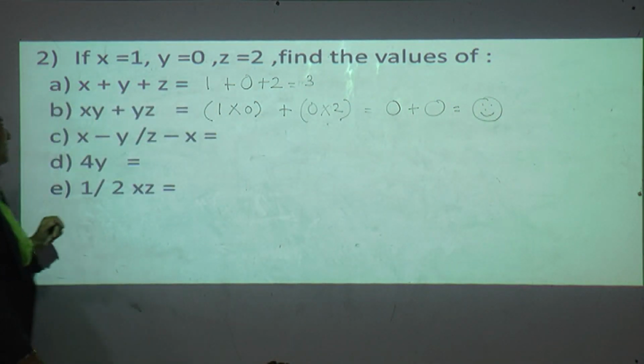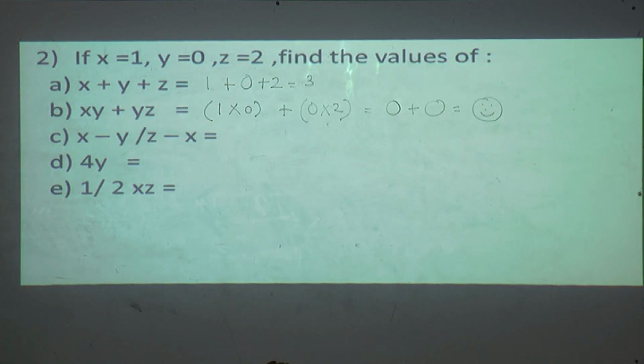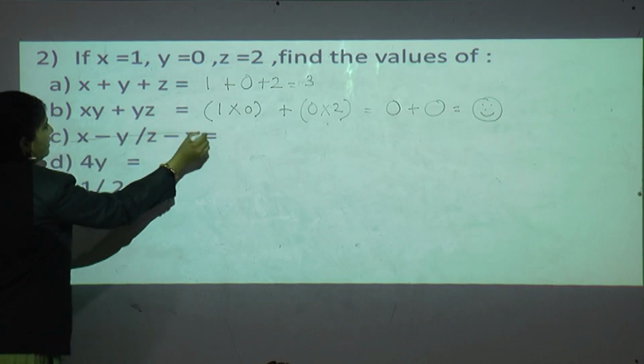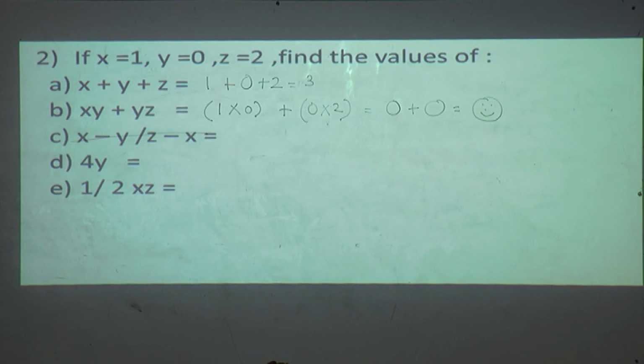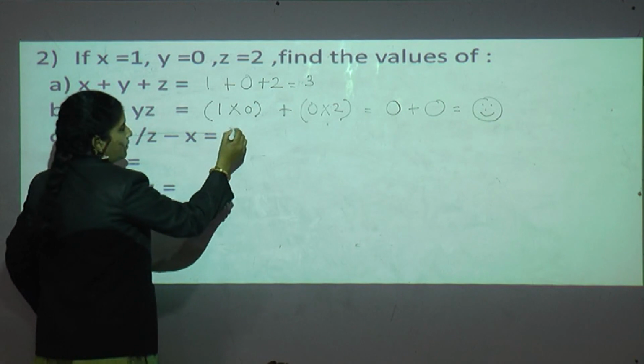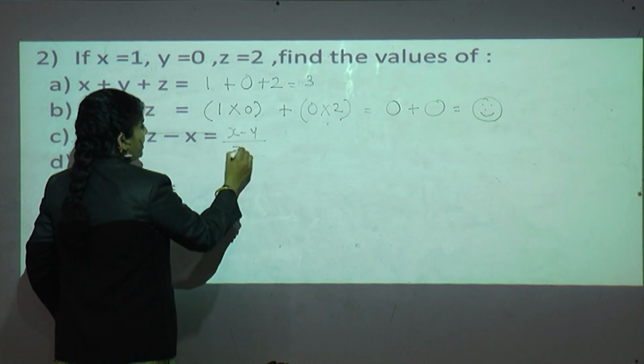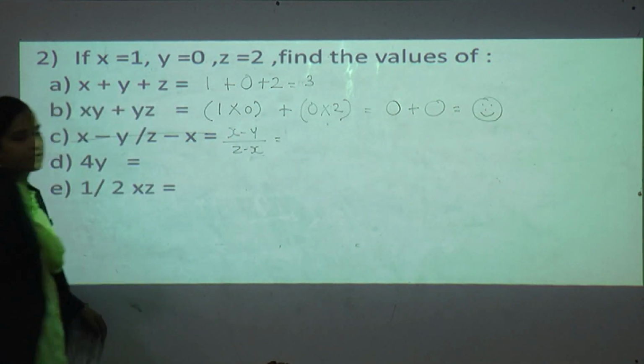Okay. Now x minus y divided by z, here I have made a mistake, I can write again here. See, x minus y upon z minus x.